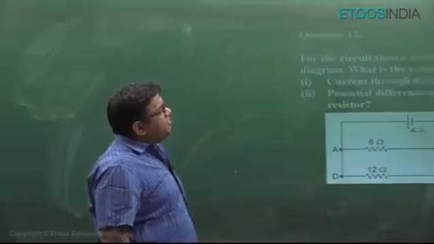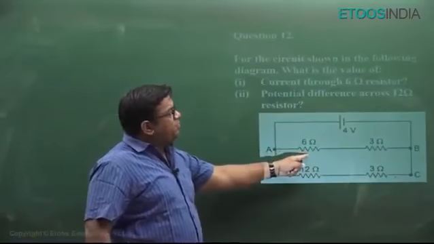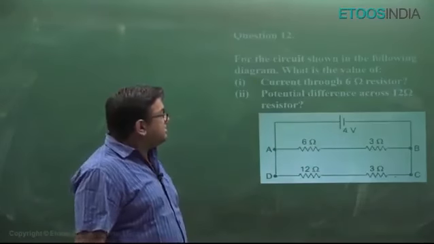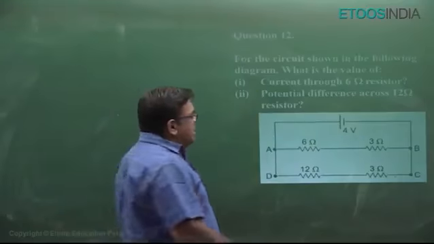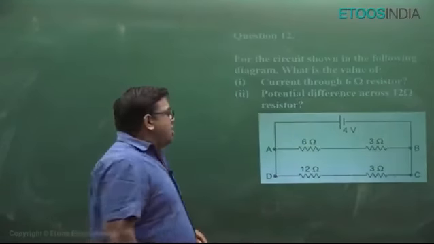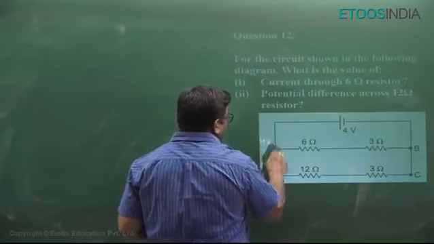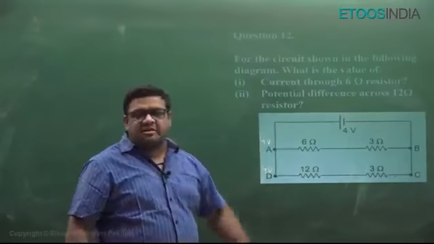For the circuit diagram given, what is the value of the current through 6 ohm and the potential difference across 12 ohm? Now, this is a tricky one. So, I'll tell you how to solve it. It is given that there is 4 volt here. Got it? Now, since these are connected in parallel, I can say that there is 4 volt potential difference across these arms.